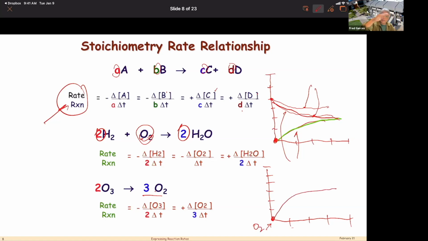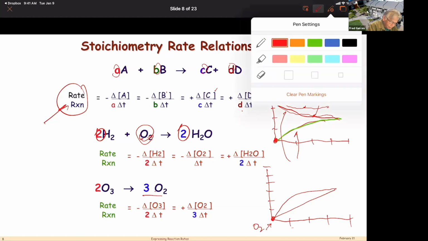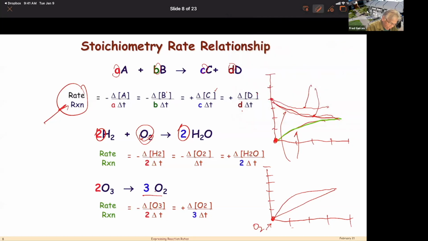It's not a straight line, because if it's a straight line, it means that the rate is going to be constant over time. It's not. It's fast in the beginning and it slows down towards the end.